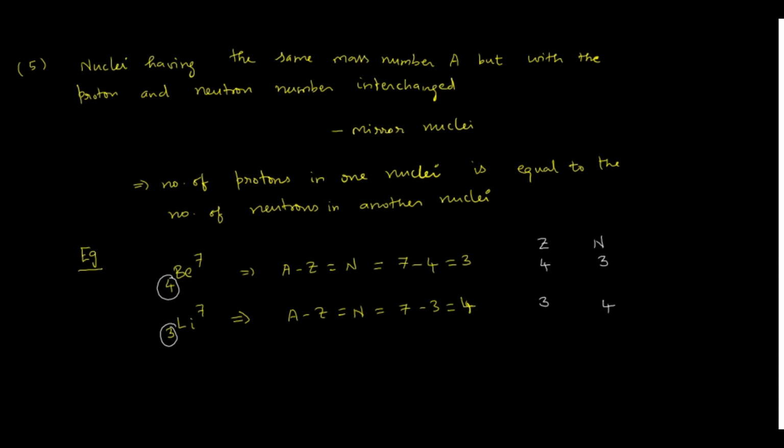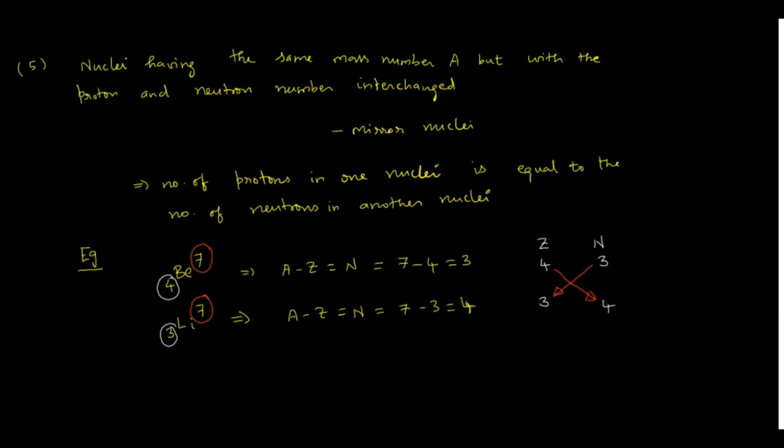So in both cases, even though the mass number is the same, the proton number and the neutron number are interchanged, right? Therefore they are called mirror nuclei.